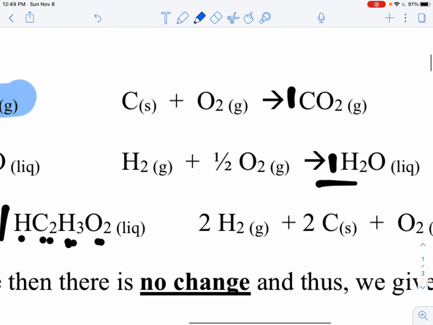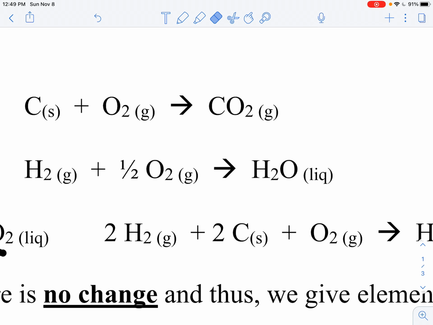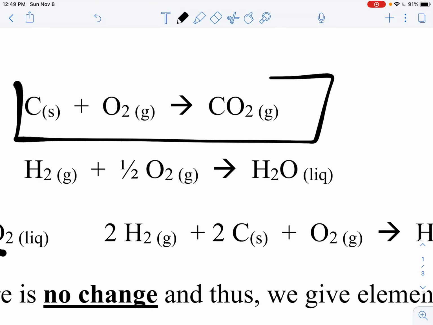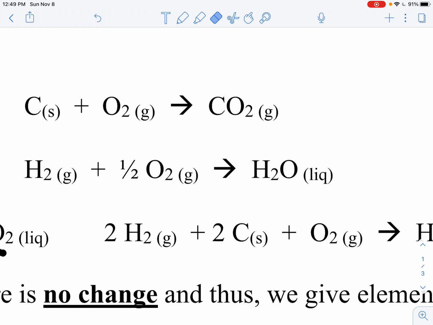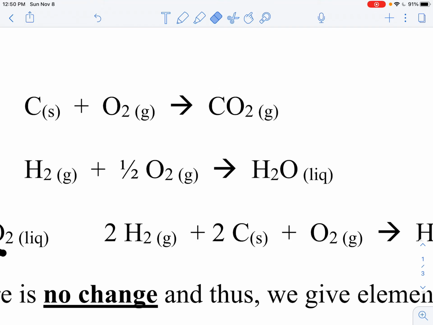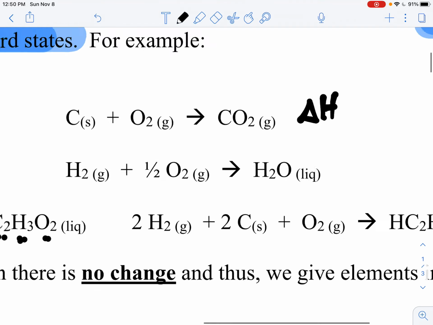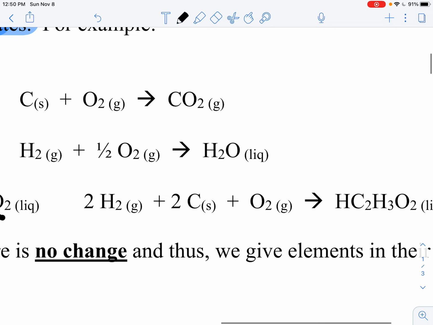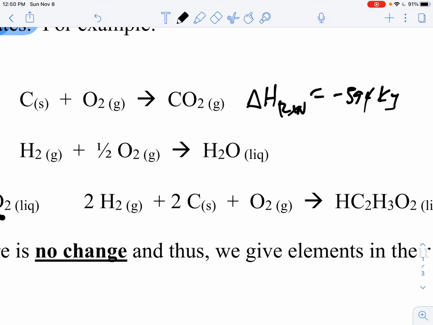So here's why this is useful to us. We can then put together a bunch of chemicals. Let's take a look at this guy here. If we get out a calorimeter and design an experiment, and in our experiment we take 1 mole of carbon and 1 mole of oxygen and make 1 mole of carbon dioxide, I calculate the delta H of this reaction through our calorimetry and enthalpy means, and I determine that the delta H of this reaction is negative 394 kilojoules, right?